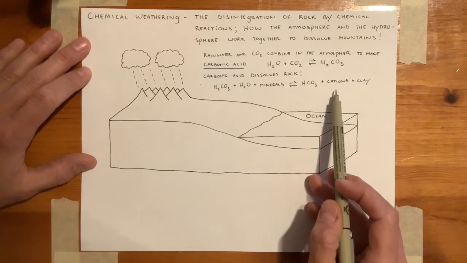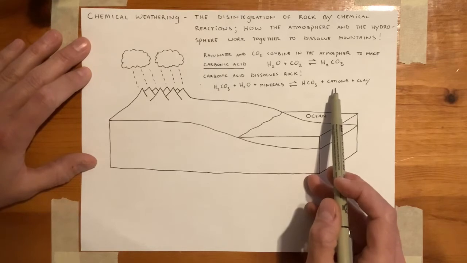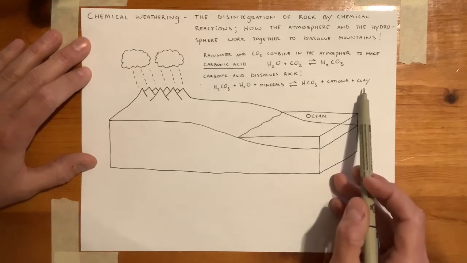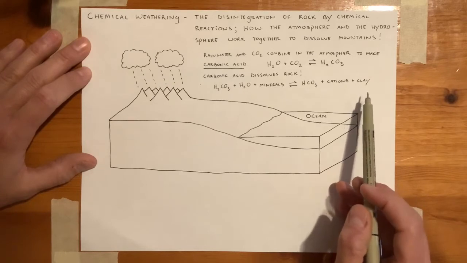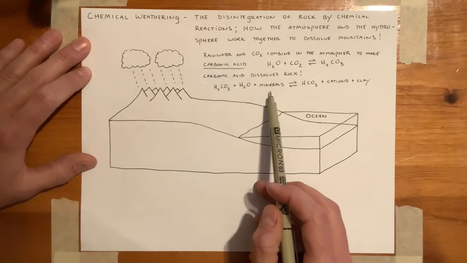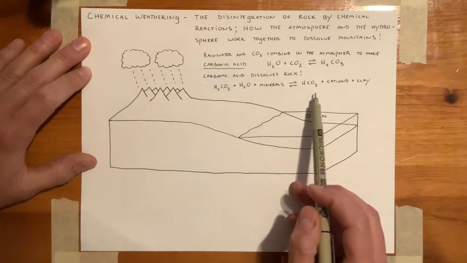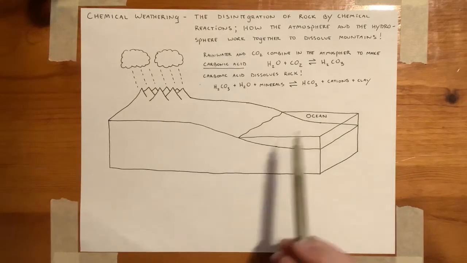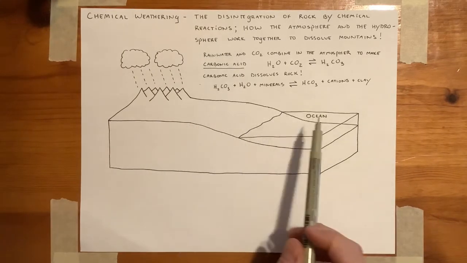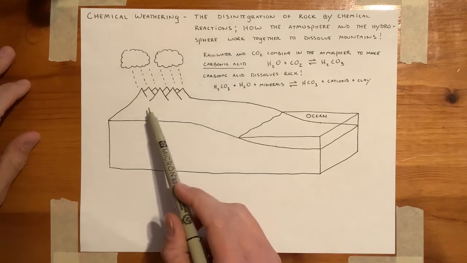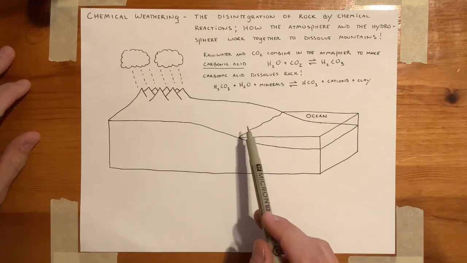Remember, cations are positively charged ions, things like calcium and potassium that go into these minerals. And then another byproduct is clay minerals. So carbonic acid in water dissolves minerals, making bicarbonate, free cations, and clay. Now, that bicarbonate and those cations and that clay are eventually going to be washed downstream in rivers to the ocean.